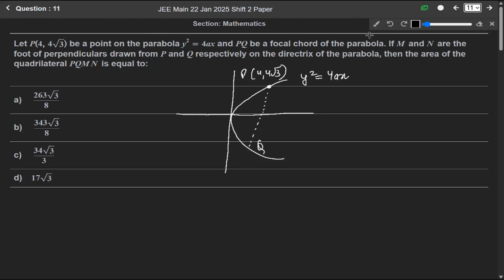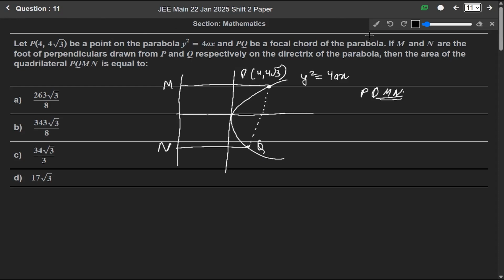If M and N are the feet of perpendiculars drawn from P and Q respectively on the directrix of the parabola, then the area of the quadrilateral PQMN is... We have to find the area of PQMN.